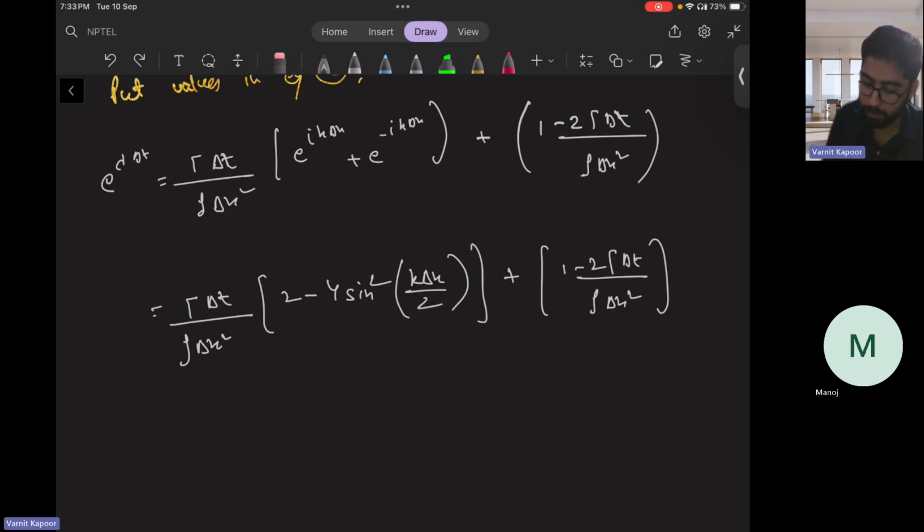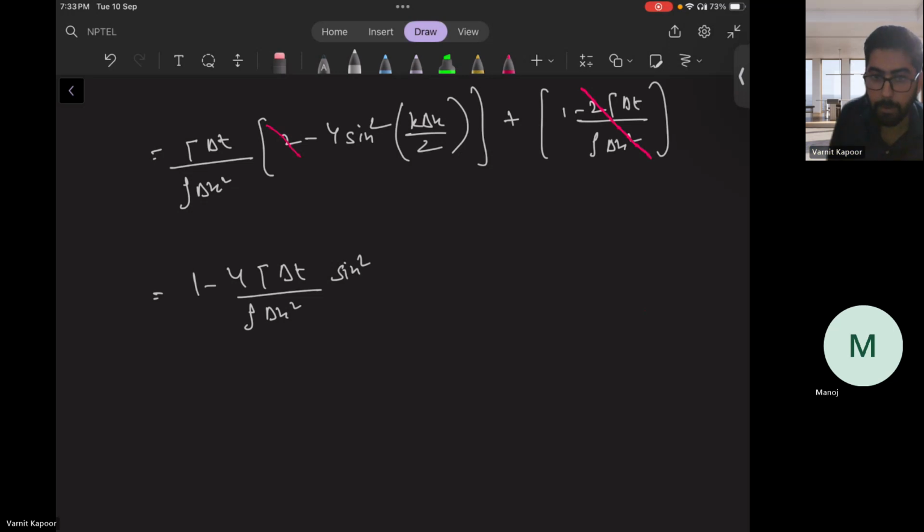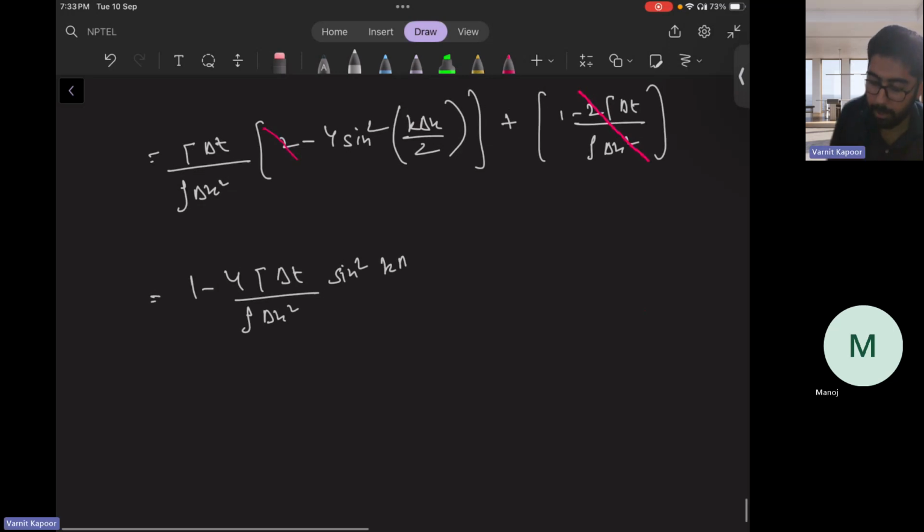If you observe, this term and this term will cancel out. So you will be left with 1 minus 4 gamma delta t upon rho del x square sine square k delta x by 2.